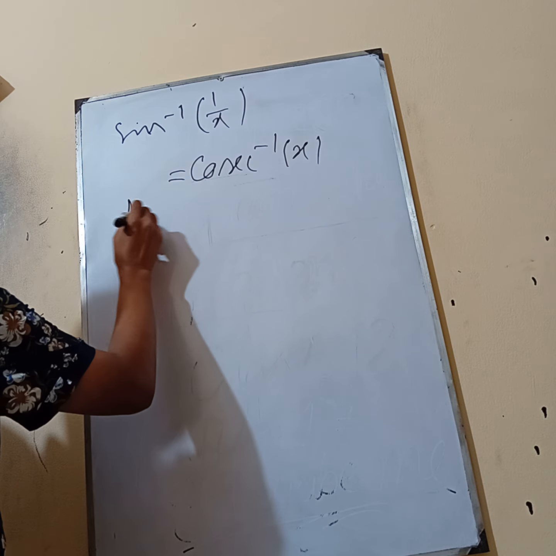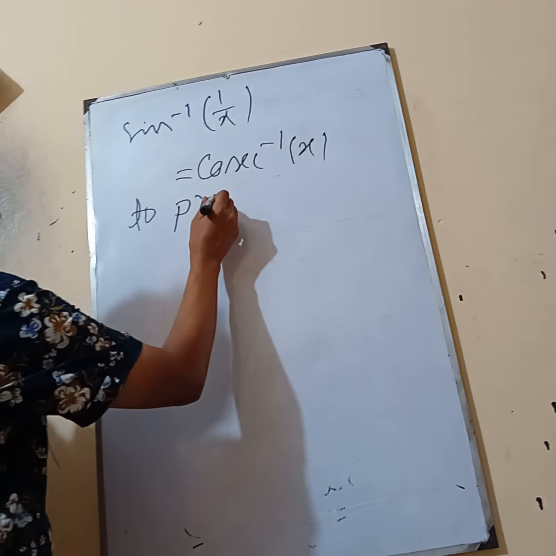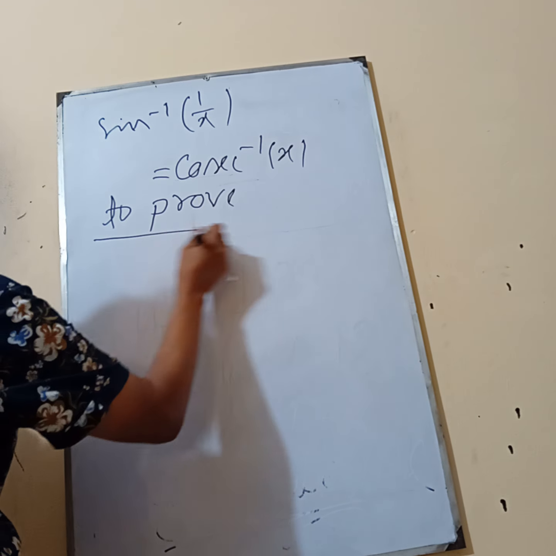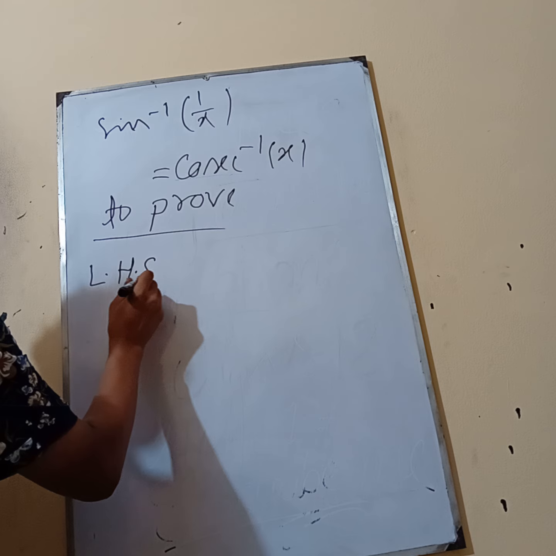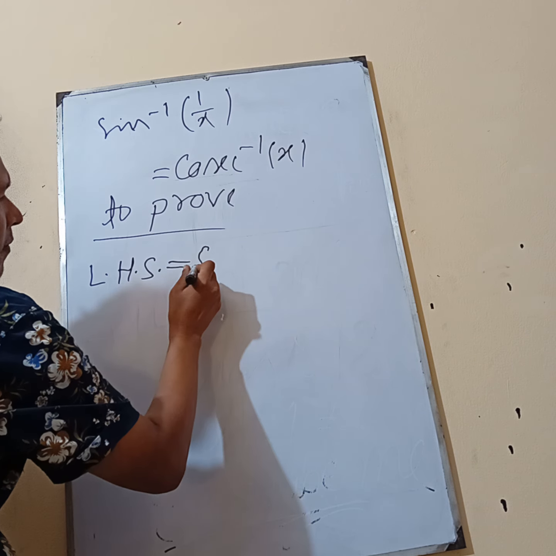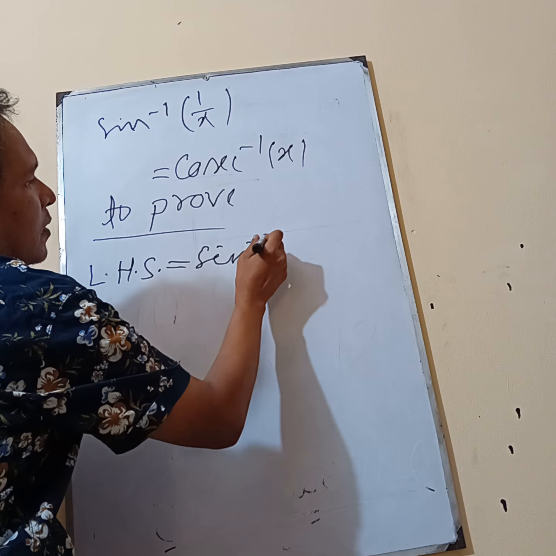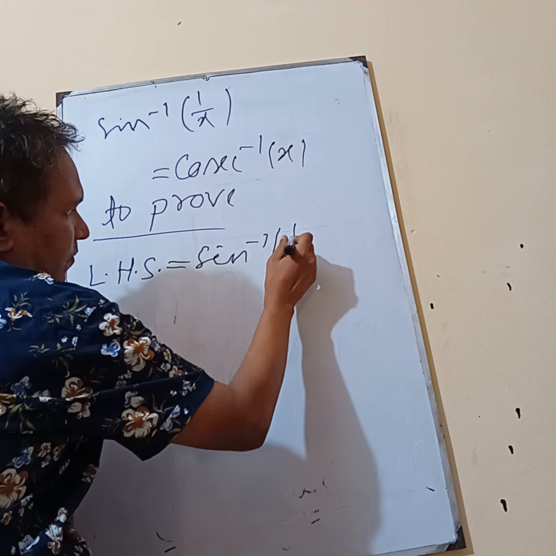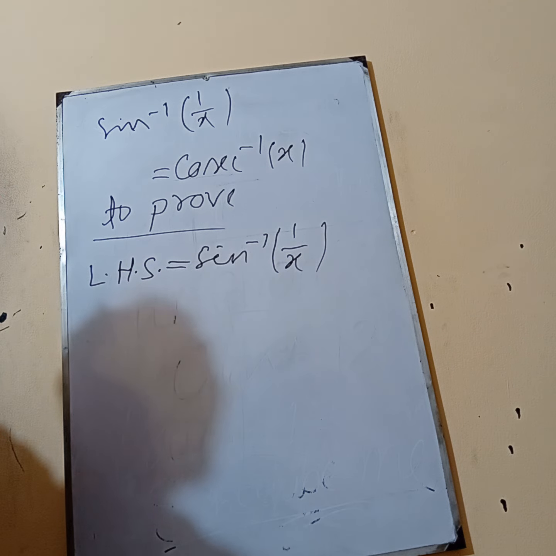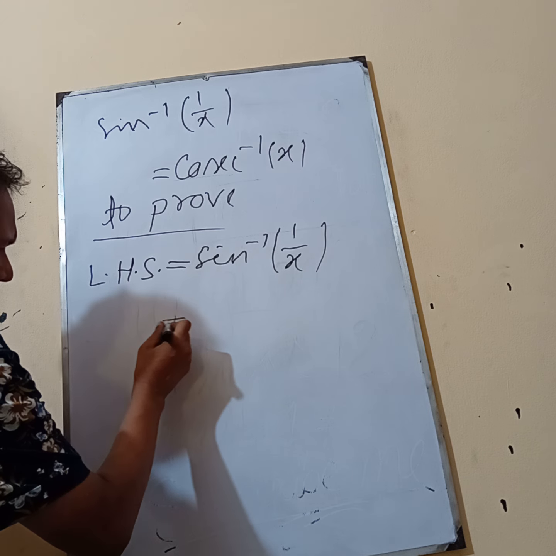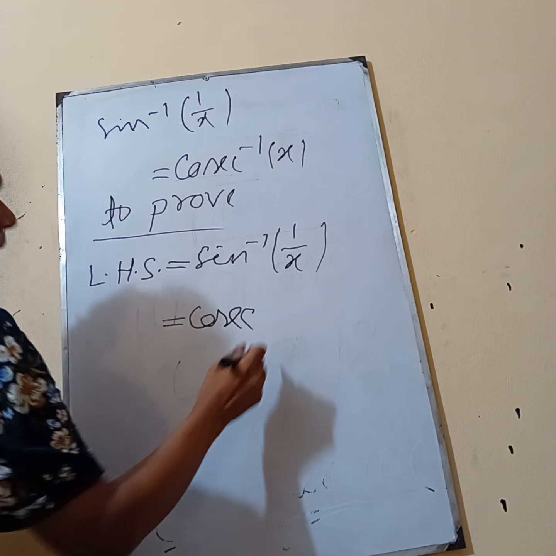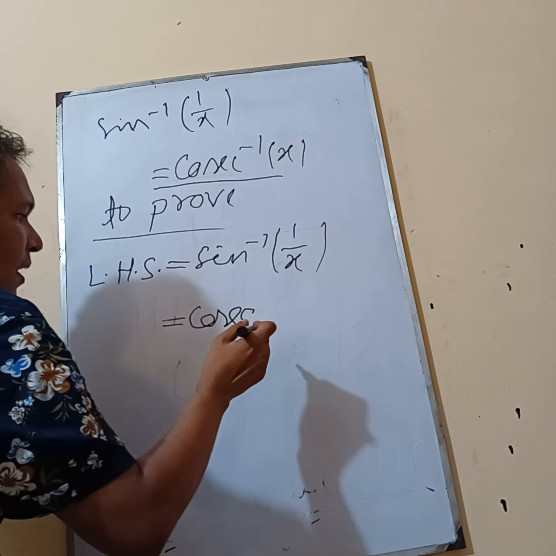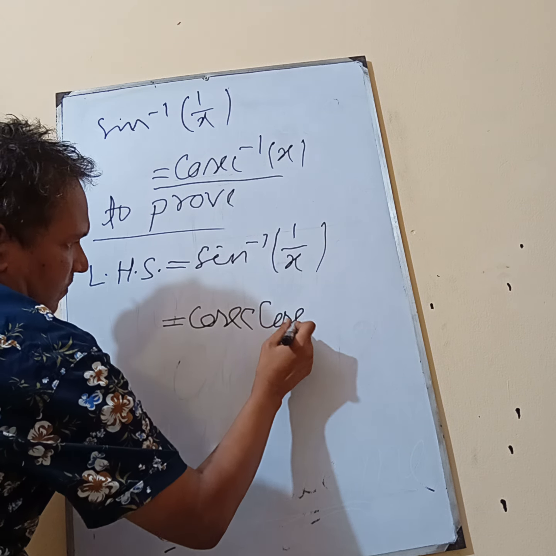To prove it, it can be proved in two ways. Suppose sine inverse of 1 by x is equal to cosec inverse.